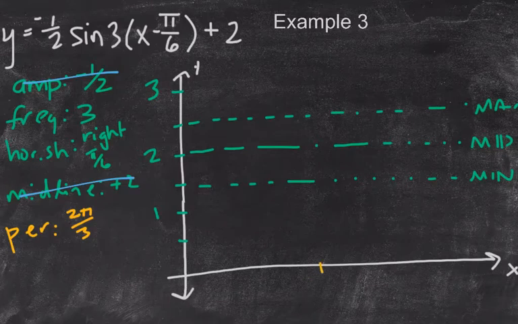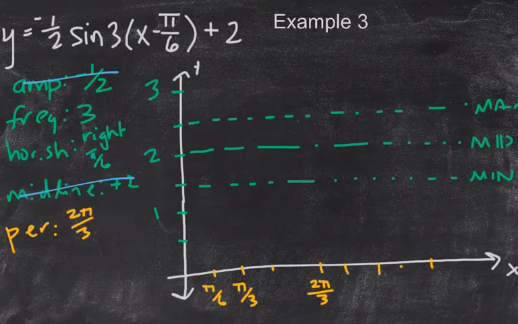So I'm going to put one full curve ending at 2 pi over 3 here. Second full curve will end there. Divide those up into 4 equal pieces each. 1/2 of 2 pi over 3 is 1 pi over 3, and 1/2 of that is pi over 6.